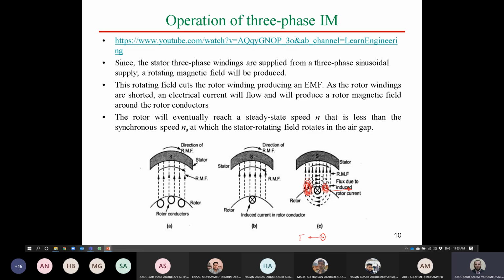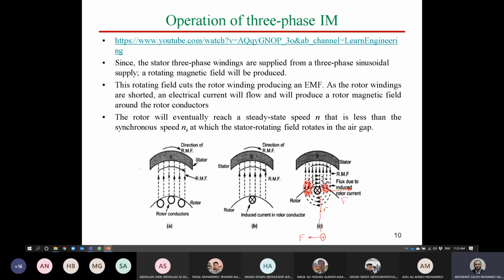So you have force in that direction here, and the force on the top in that direction, and you already have a rotor with a certain radius. So a torque will be developed here, guys, due to the two forces with a distance in between. So there will be a torque that will start moving the machine.